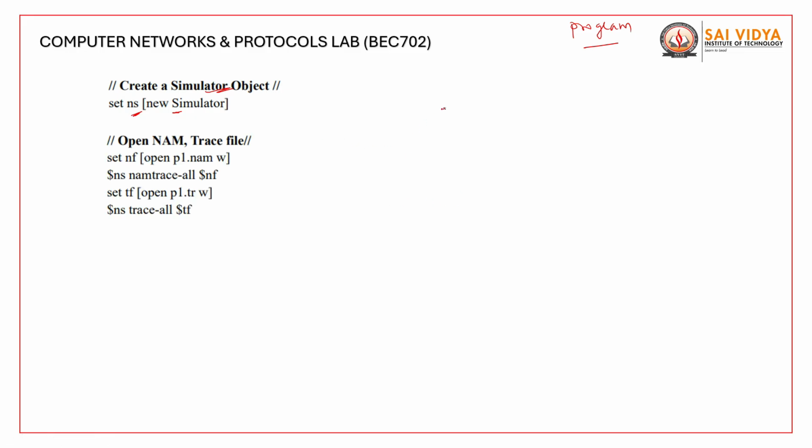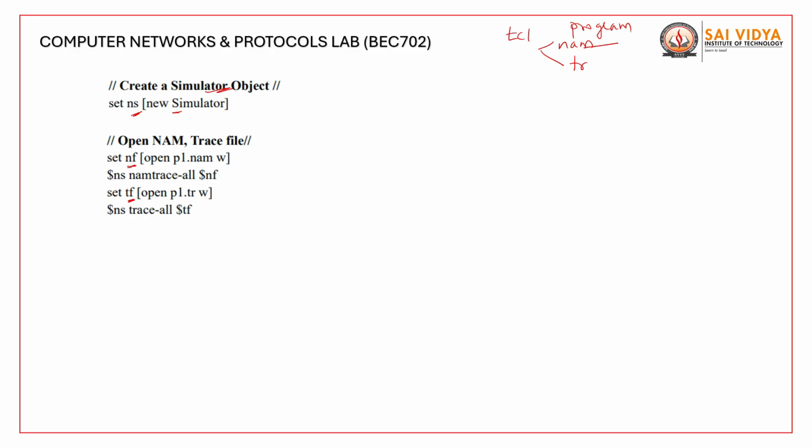The next one is, as usual, we mentioned that whenever a TCL script is written, we must get a NAM file for that animation file and trace file. So in order to put the content of this scenario in a file, trace file and NAM file, let us define the object for NAM file and trace file like this.